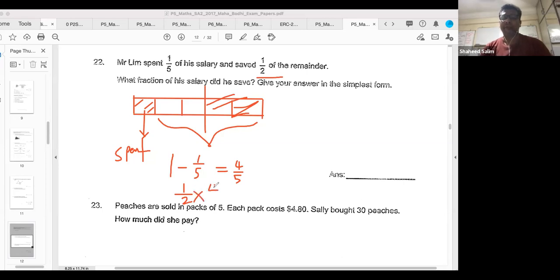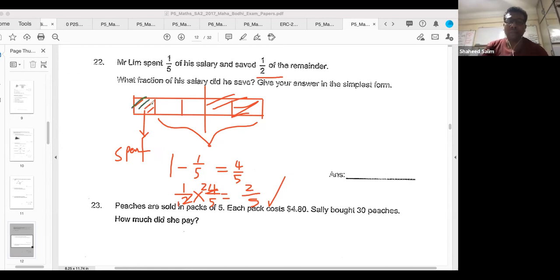Remainder is 4 over 5. So when you do this, you divide by 2. You get 2 over 5 is the answer. Okay, so this is correct. This is the amount he saved, in comparison to the whole money. Down here, can you see now? It's the same thing. At first, he got 5 square units.